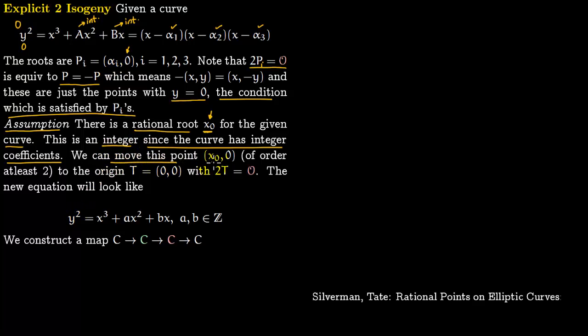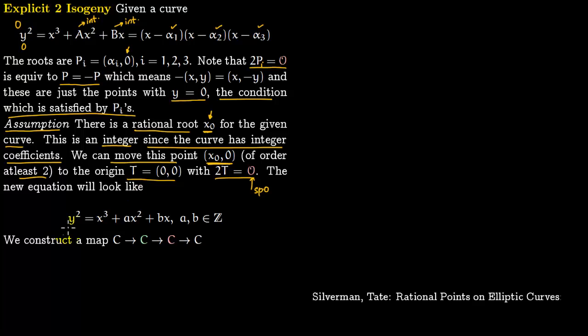Our root looks like (x0, 0), because it is a rational root and it has order at least 2 as we have seen. We can move this point to the origin (0, 0), and still 2T equals the special point, that is, 0 on the curve.